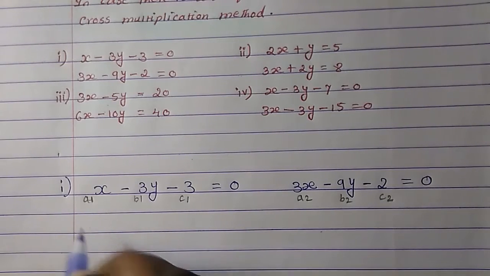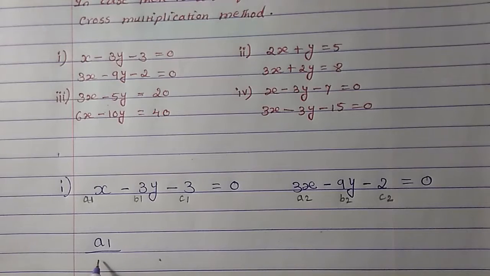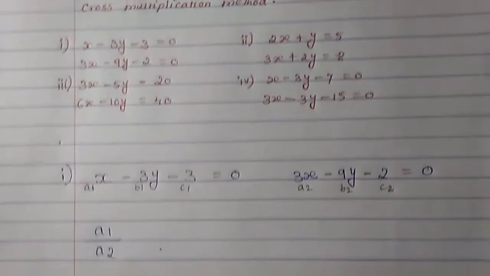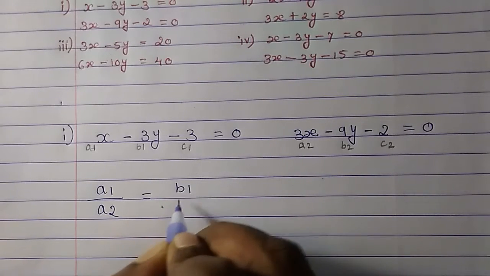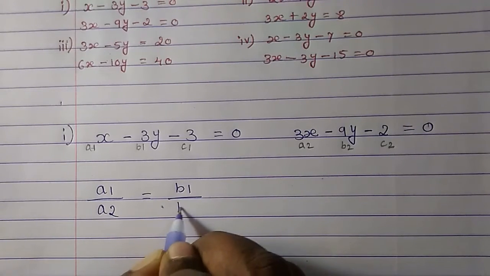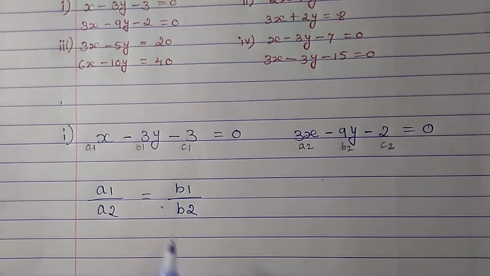So we have to write the ratio, that is a1 upon a2. First we will compare these two, then afterwards we will go for the next. So b1 upon b2. So let's compare this.